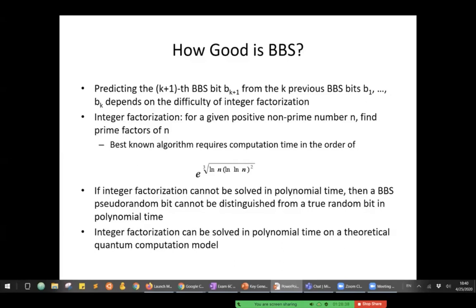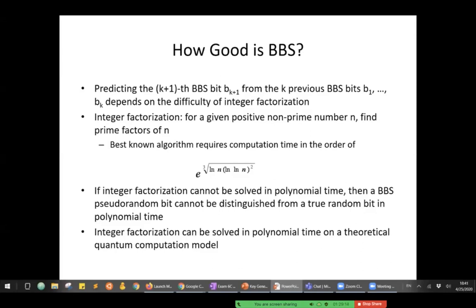So you are given n, and the non-trivial factor will be a number m, where m is greater than 1 but less than n, because if n is a prime number, you don't have a non-trivial factor. So in general, given any integer n, you want to find a non-trivial factor. And the best algorithm we know for doing so is an exponential time algorithm. So that is hard.